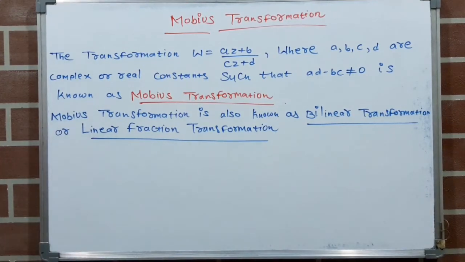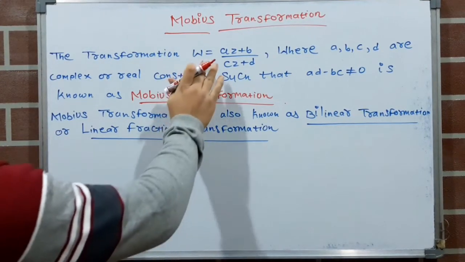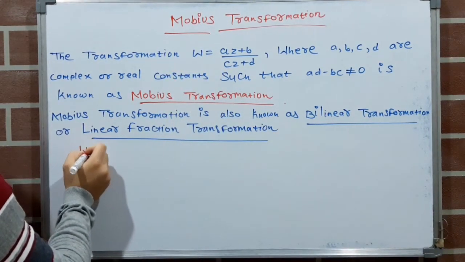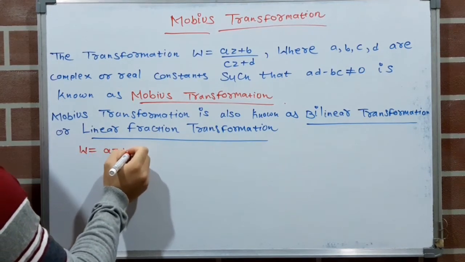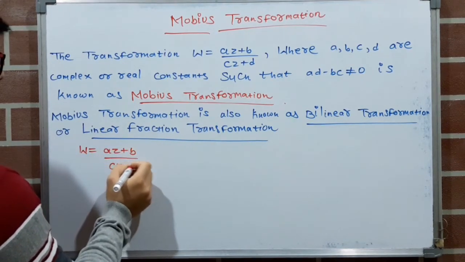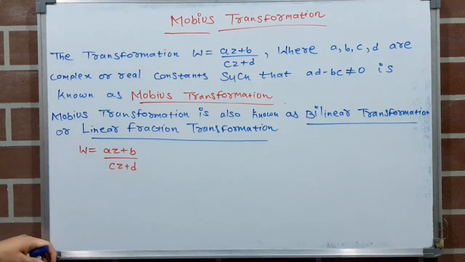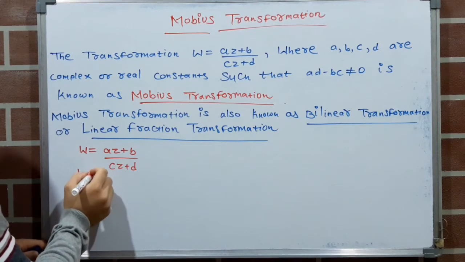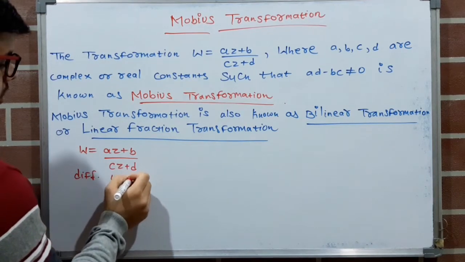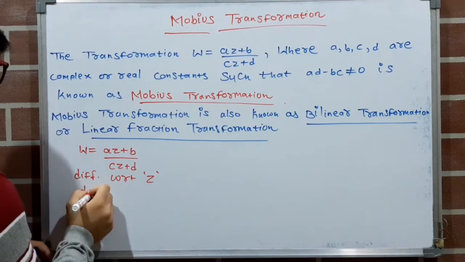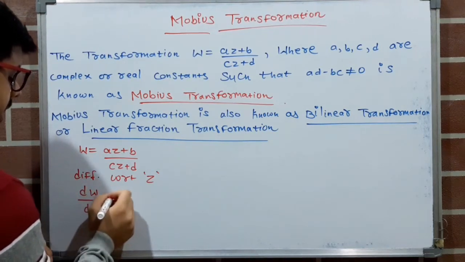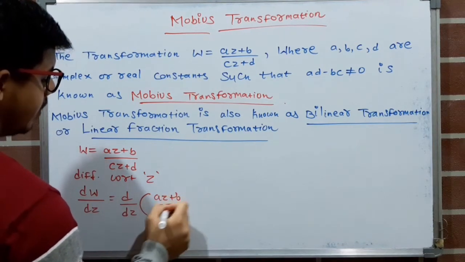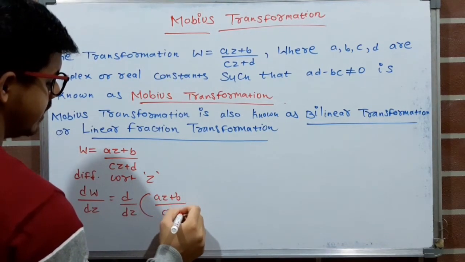Now we will check whether this transformation is conformal or not. Here we are given that w is equal to az plus b upon cz plus d. Now we will differentiate the above equation with respect to z. So dw upon dz equals d upon dz of az plus b upon cz plus d.